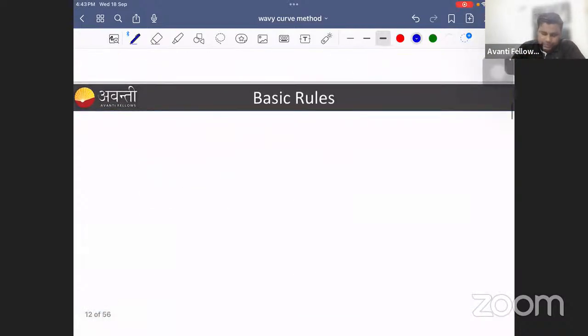Now, next question. (x minus 1) square upon (x plus 1) square less than or equal to 1. Try quickly.